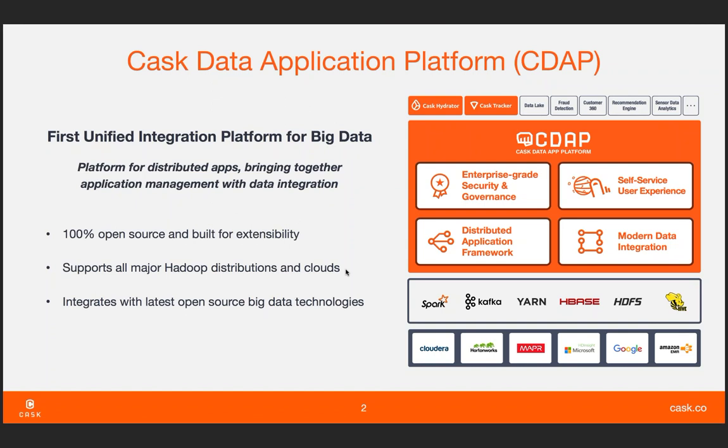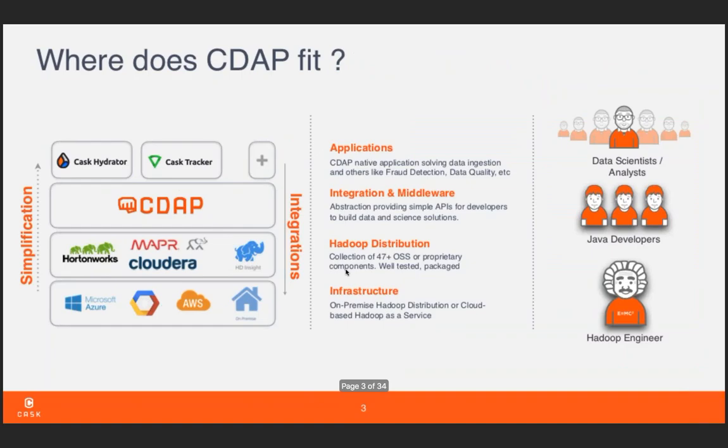To give you guys a little bit of idea of where CDAP fits in the overall picture, CDAP is a platform that sits on top of your Hadoop. It can coexist with your existing setup. It's not necessarily that you have to operate only through CDAP if CDAP has been installed.